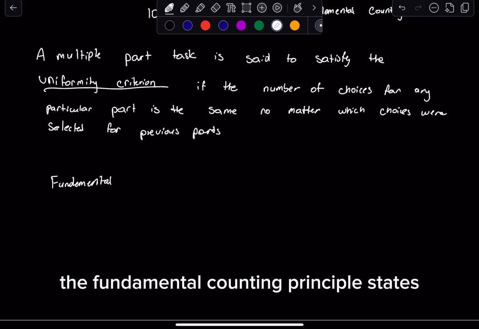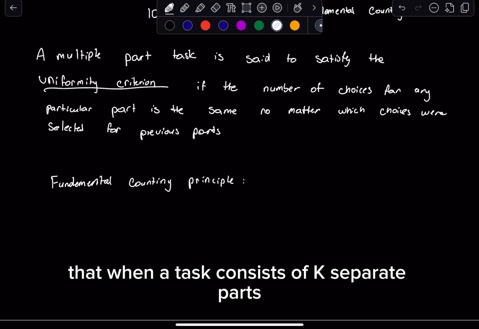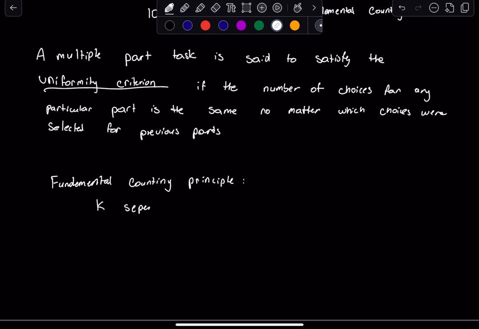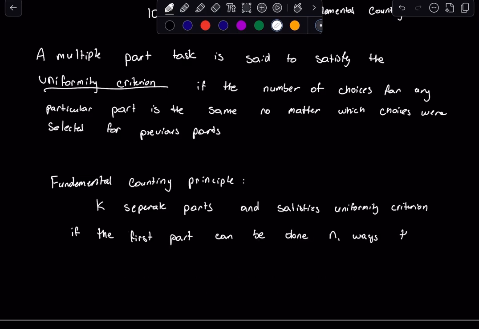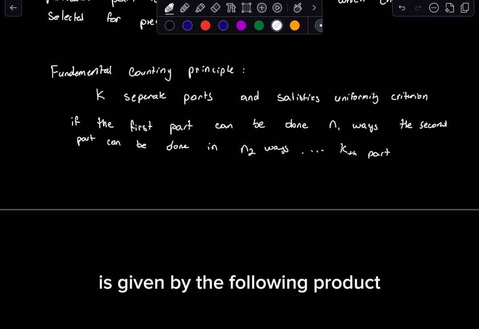The fundamental counting principle states that when a task consists of k separate parts and satisfies the uniformity criterion, if the first part can be done in n1 ways, the second part can be done in n2, and so on until the kth part, then the total number of ways to complete the task is given by the following product.